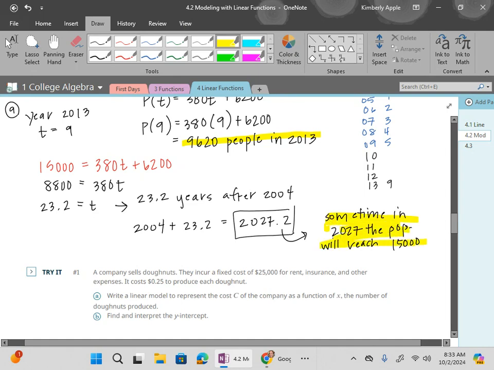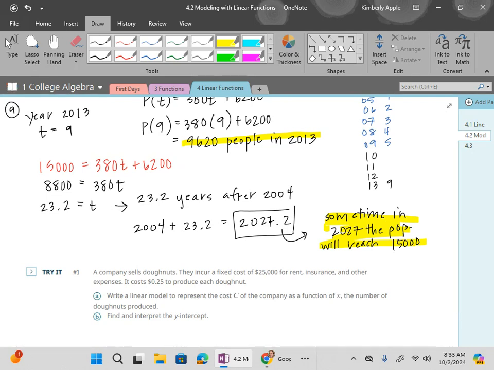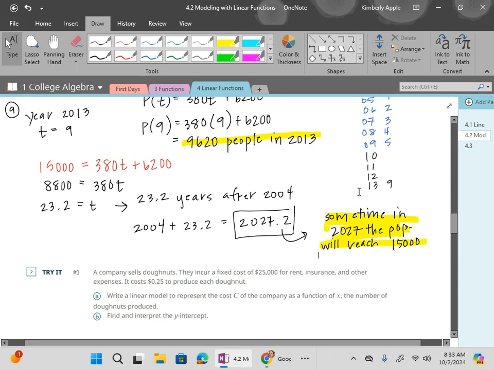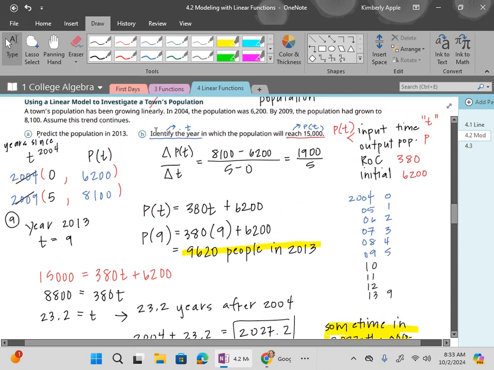But notice how I had to jump back out. We would interpret this to be 23.2 years after 2004, and then you need to go back and tell me what year that happens. Make sense? How did I know I needed to go back to the actual year at the end instead of the years after? Well, look, it says identify the year.